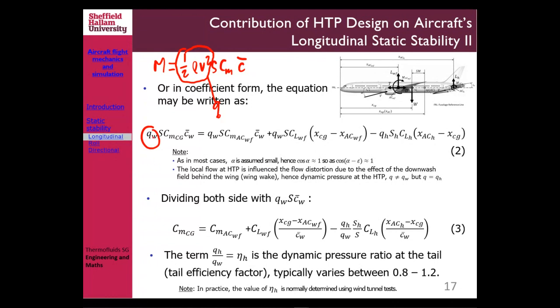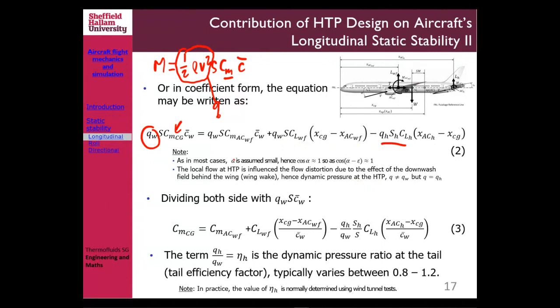So the moment around the CG is the dynamic pressure q at the wing, multiplied by S and then by Cm, the pitching moment coefficient, and then multiplied by c. This equals the inherent moment at the CG, plus the moment caused by the lift from the wing, which we express here, and then the moment caused by the tail.